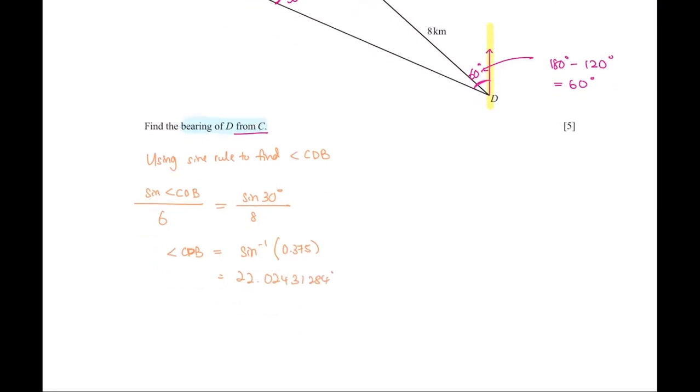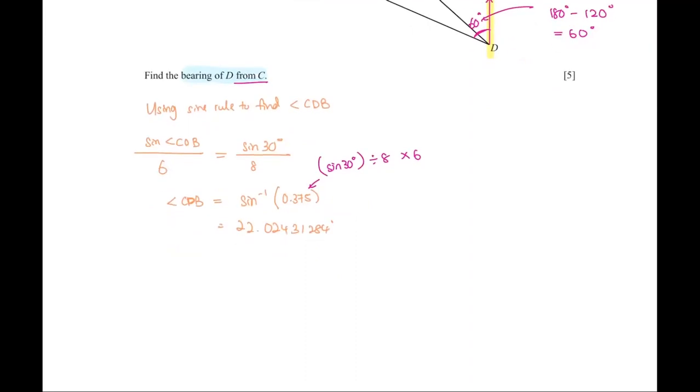So how do I get 0.375? Basically, this is sine 30 divided by 8 multiplied by 6. This is just rearranging the formula.